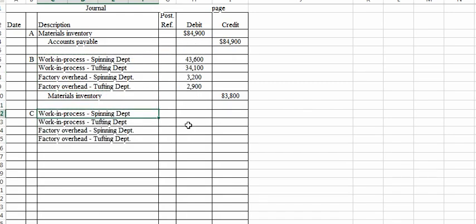Okay, so we're going to debit work in process for the spinning department for the direct labor incurred in the spinning department, $26,300. Okay, direct labor in the tufting department, that's debited to work in process tufting, and that's $17,900.